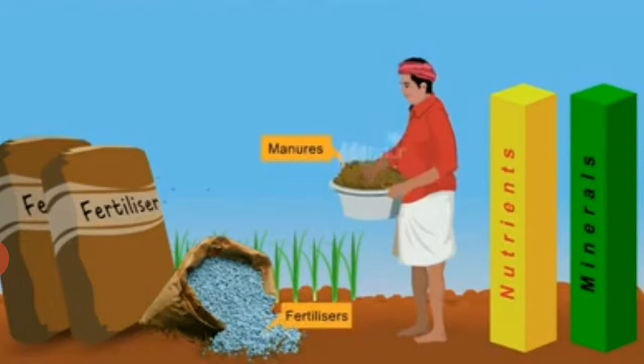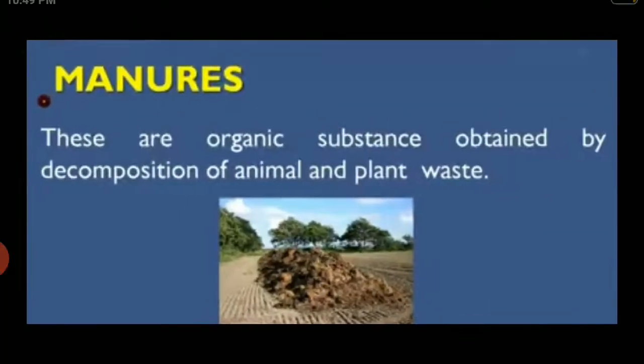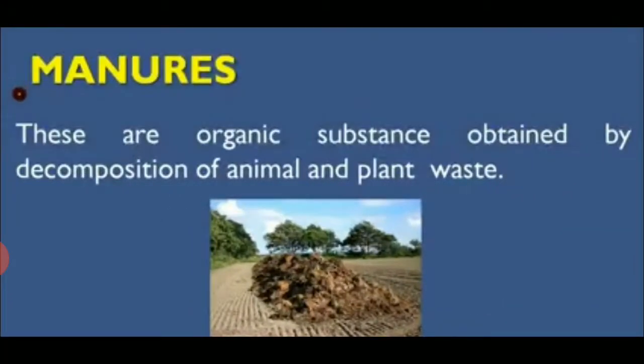Now let's see what manure actually means and how it is made. Manure is an organic substance obtained by the decomposition of animal and plant waste. Decomposition means breaking down into small pieces, of what? Plant and animal waste.